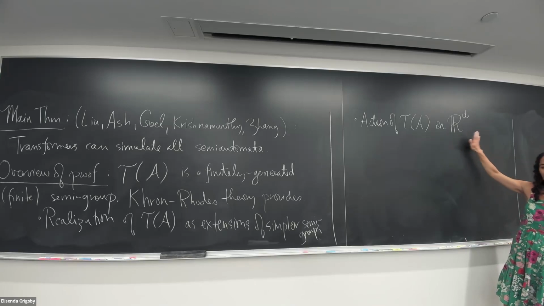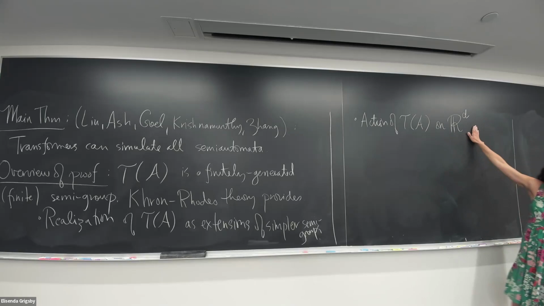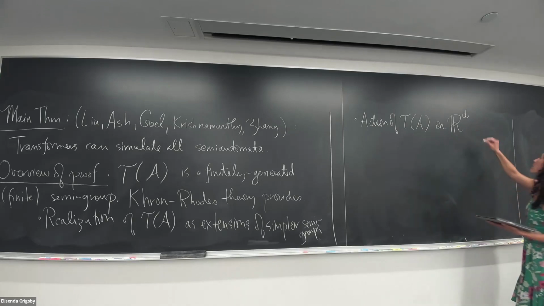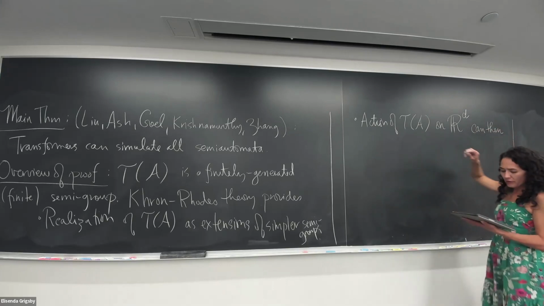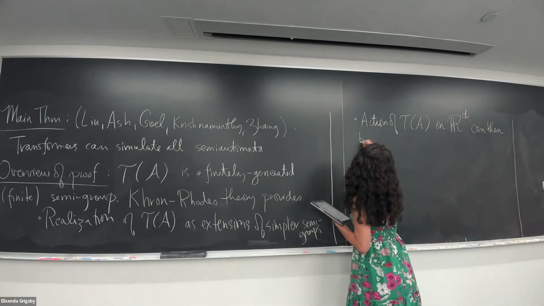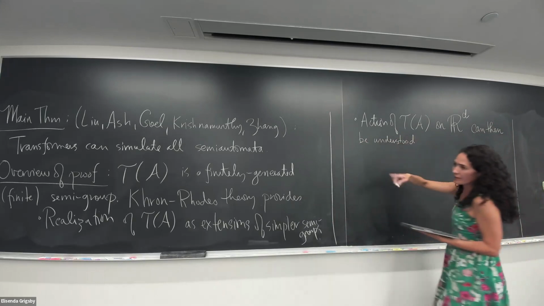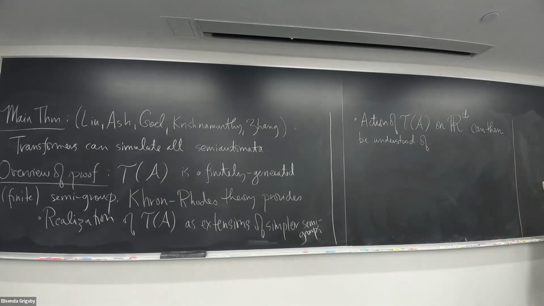Then you have these alternating attention blocks and MLP blocks, and you always map back into this space. So this transformation semigroup is acting on this space. And then be understood in terms of a way of putting together these extensions in a structure called a cascade product.